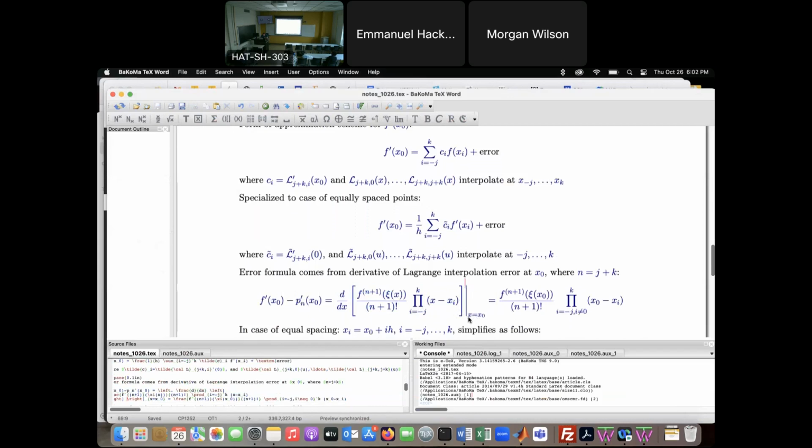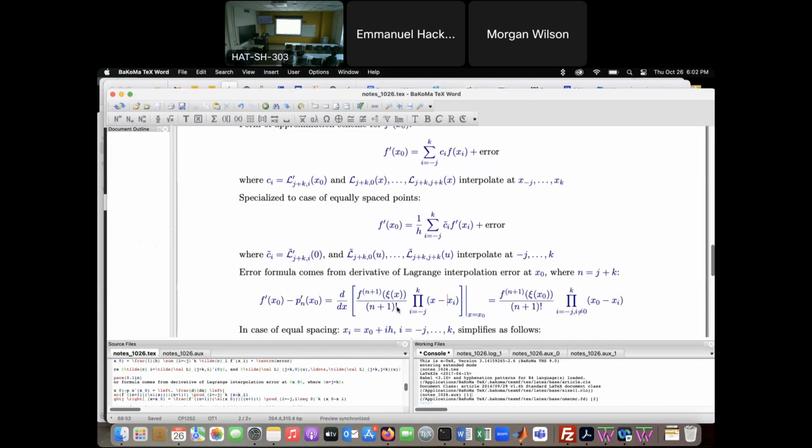And what ends up happening is when you take the derivative of this, you're using the product rule. But almost all of the terms from a product rule will become 0 once you plug in x equal to x naught, because x minus x naught is one of these factors in this product.